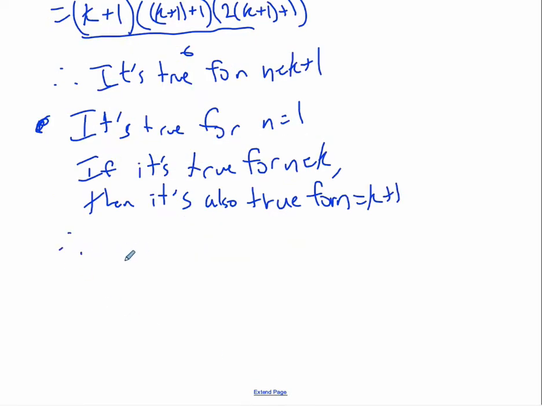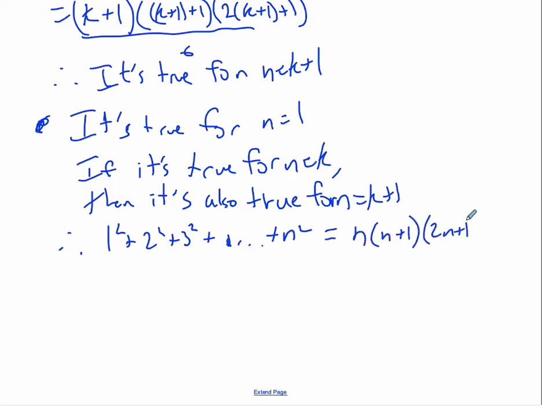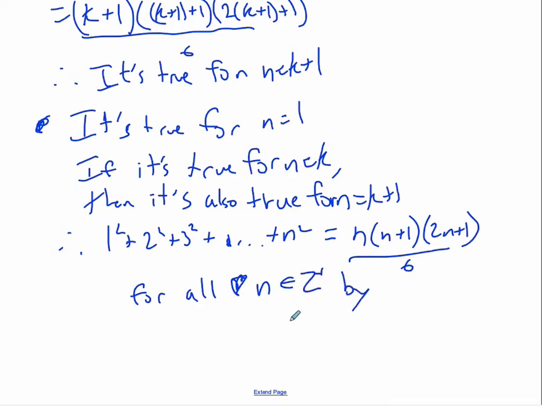Therefore, it's true, or I can write the statement, 1 squared plus 2 squared plus 3 squared plus dot dot dot plus n squared equals n times n plus 1 times 2n plus 1 over 6 for all n in Z plus by the principle of mathematical induction.